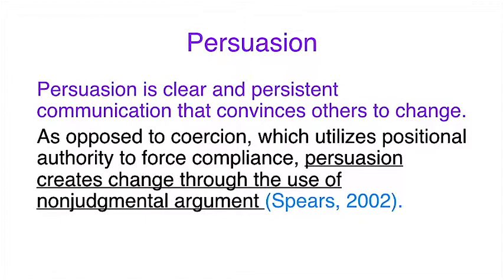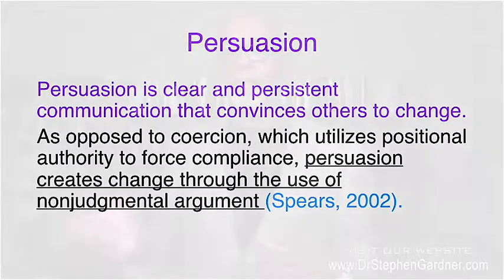The next characteristic of servant leadership is persuasion. And obviously persuasion is clear and persistent communication that convinces others to change. Well, someone said, if you want others to change, be the change you want in others. So as a servant leader, the first way to be influential in the change of followers is, first of all, be the change.